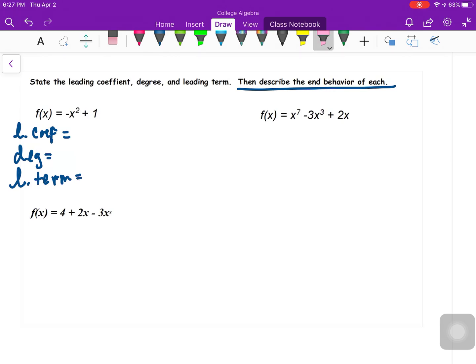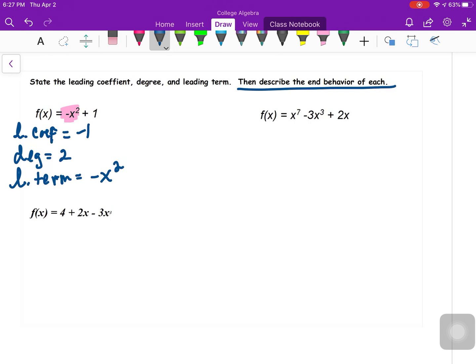So, sometimes it's easiest to find the leading term first. My leading term is the one with the biggest degree. That's my entire term. So it is a negative x squared. So the leading coefficient on that is negative 1. The degree on that is 2.